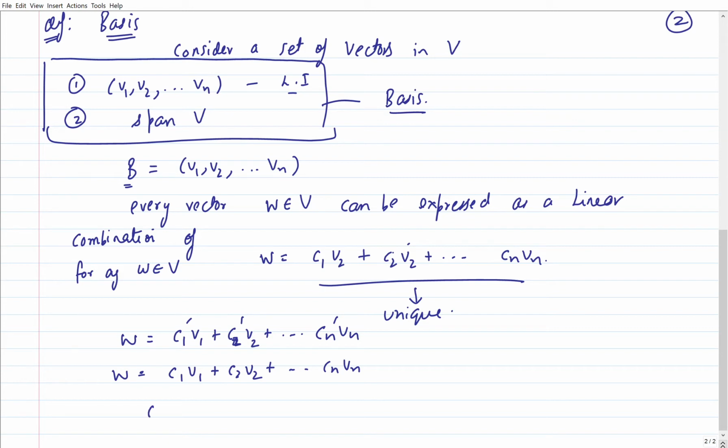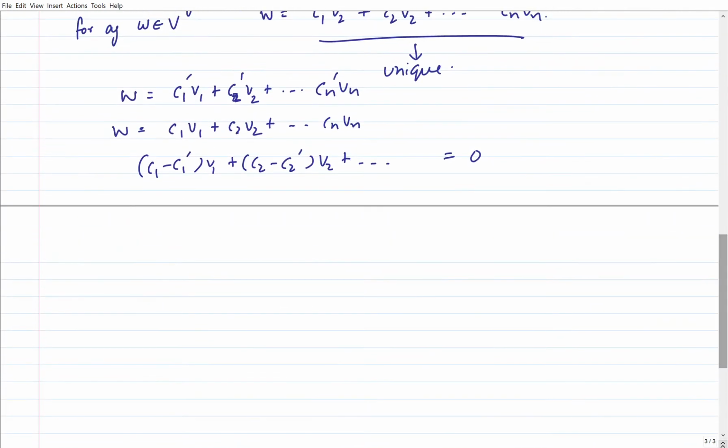Now, subtracting, I have C1 minus C1 prime V1, C2 minus C2 prime V2 equals to 0. And I have C1, C1 prime, C2, C2 prime. This implies, so this means that all the coefficients are equal, so we have a unique way.